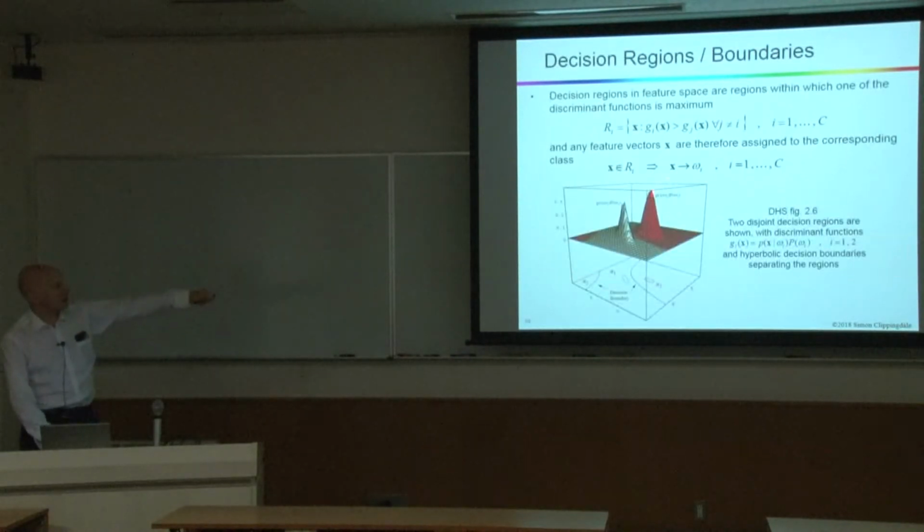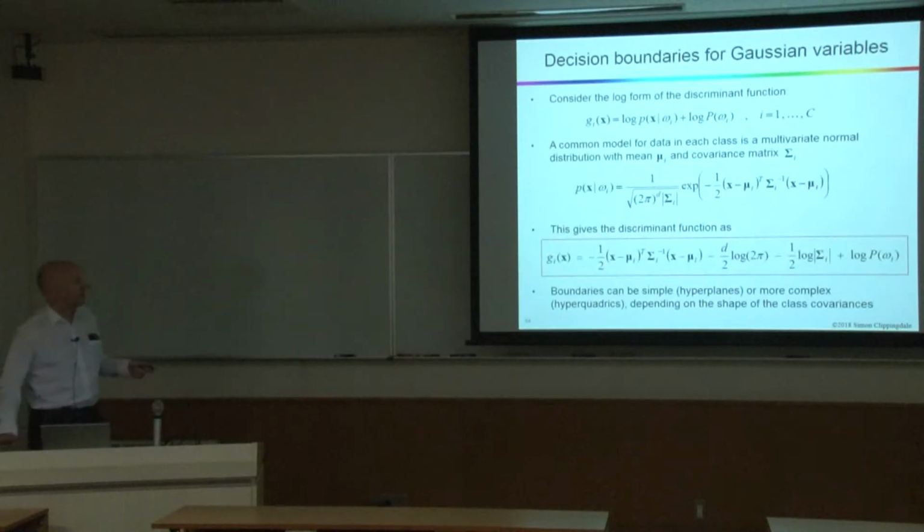In this case, here's the density for class 2, here's the density for class 1. Each class will have one of these, and taking this form, the log of the likelihood plus the log of the prior probability gives you a discriminant function that looks like this.